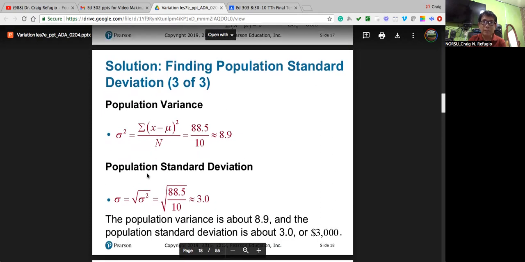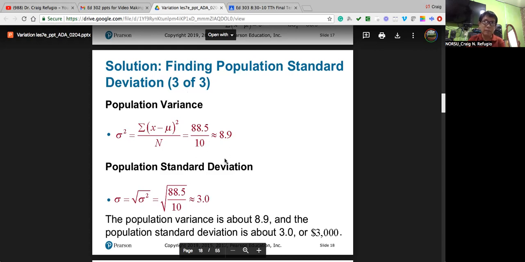To get the population standard deviation, you get the square root of the population variance. So sigma is equal to the square root of sigma to the second, which is the square root of 88.5 divided by 10. The population variance is sigma to the second, 88.5 divided by 10, or approximately 8.9.